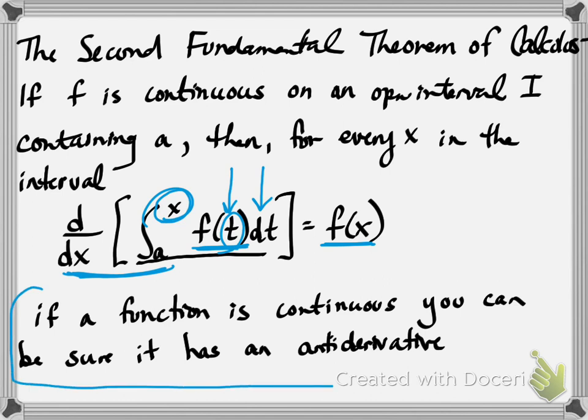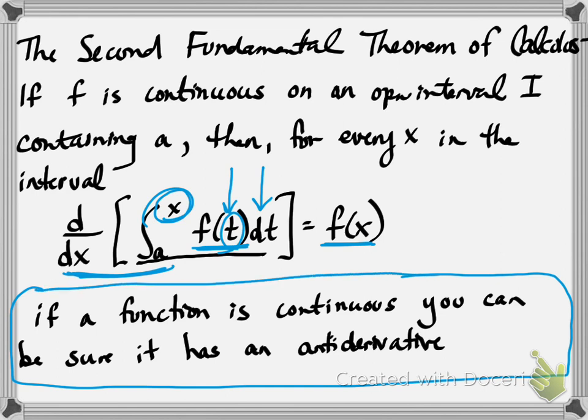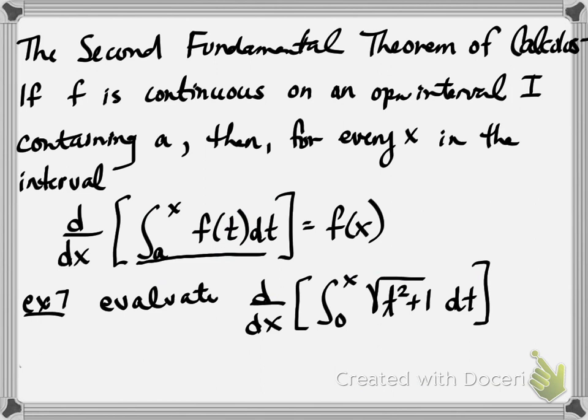So if a function is continuous, by this theorem, we can be sure it has an antiderivative. It might not be one that's easy to find or possible to find by hand, but we can be sure it exists. So let's use this theorem. Okay, so we want to evaluate the derivative of the integral from 0 to x of the square root of t squared plus 1 dt.